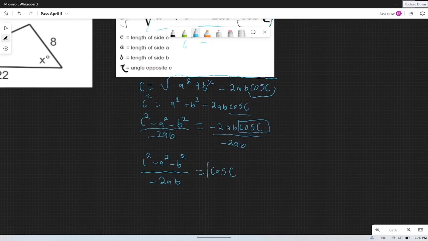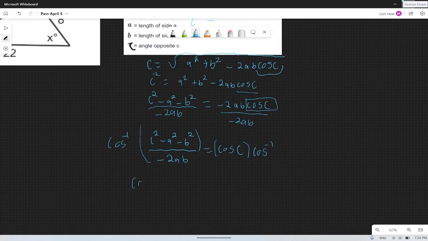And now you just have to inverse the cos. So second function cos in your calculator. Your formula might look different depending if they divided this negative out or not. They should be the same. Equals C, and that's our angle.